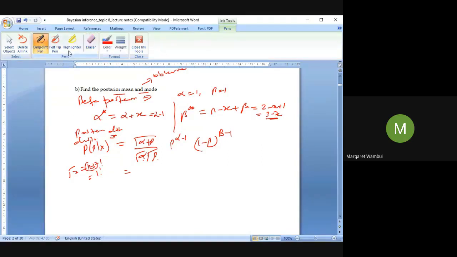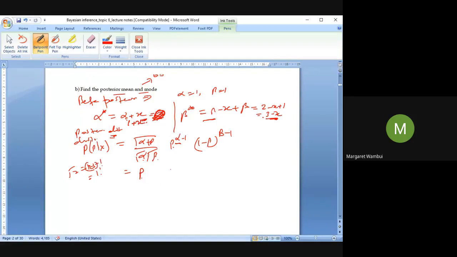Then I'm left with p to power alpha minus 1. My new alpha star is actually alpha plus x. Let me retain the x because I'm not dealing with this specific case now, I'm dealing with the general one here. Forget about this one first, we only substituted the 2. So it will be 3 minus x, and this one will be equal to 1 plus x.